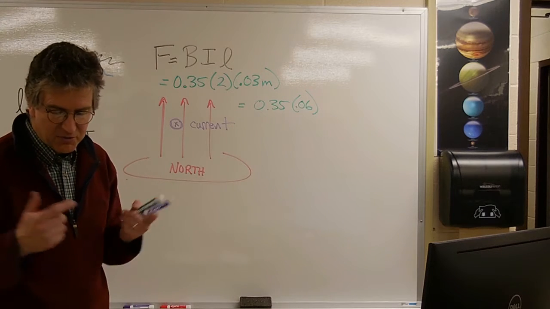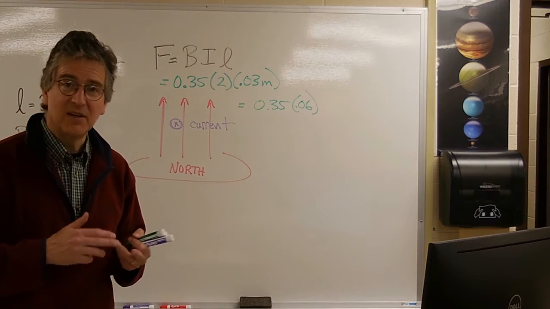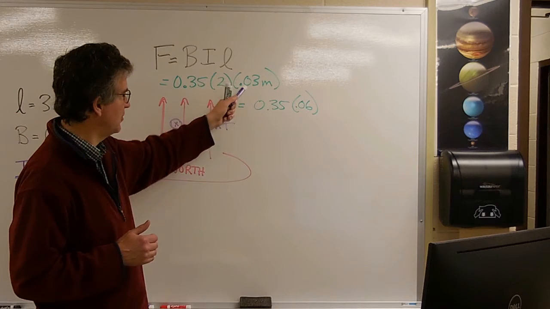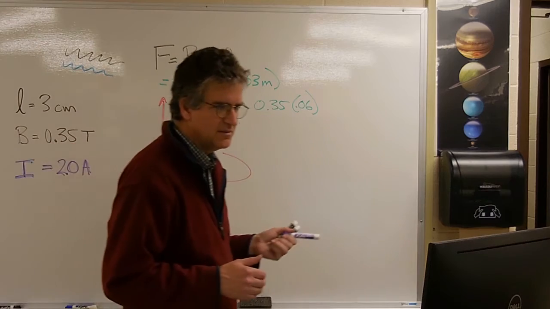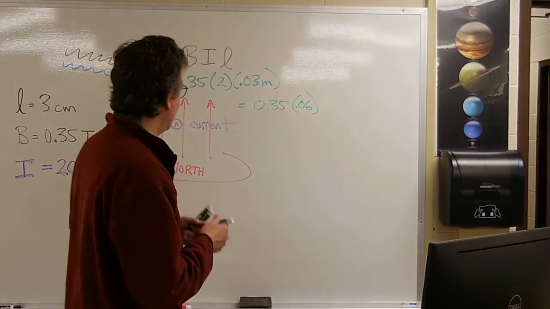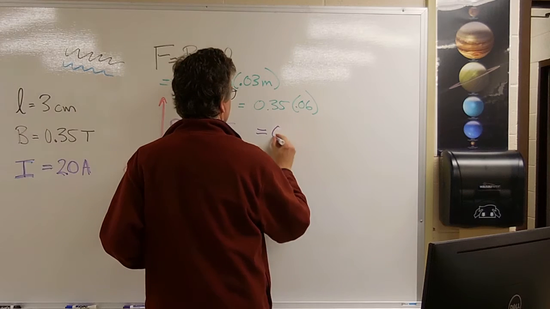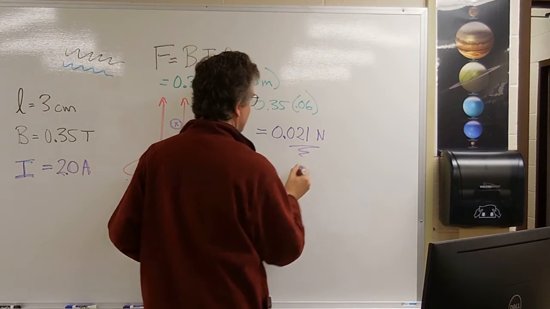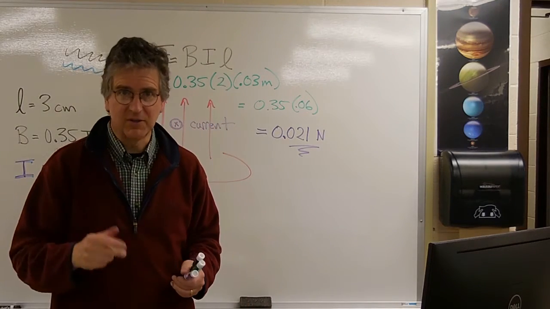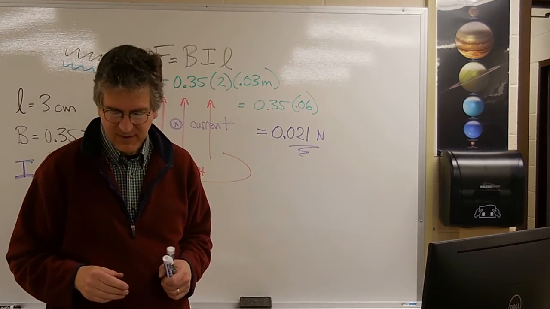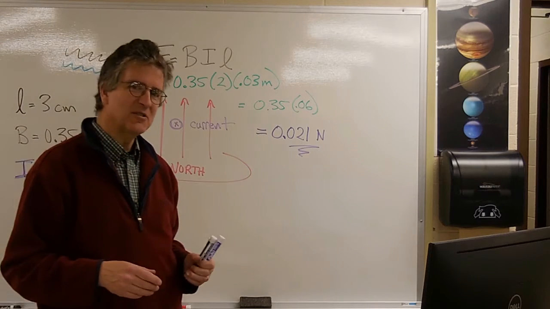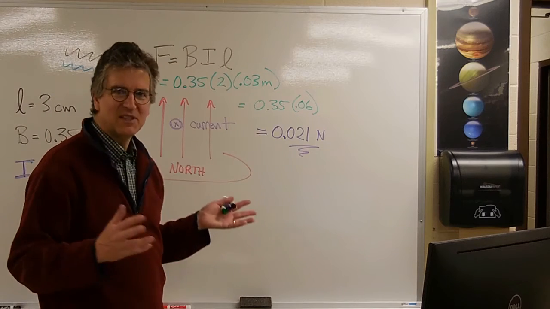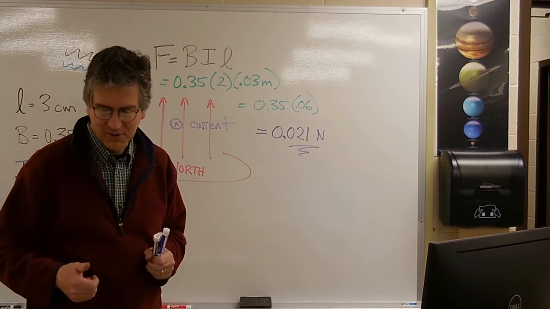It seems to me there's 3 centimeters, 2 amps, and 0.35 teslas, and I've got all those. My answer is 0.021 newtons. The book has 0.21 newtons, so I'm not sure. Usually I have students check my numbers, but if I'm making a calculation error, I'm not seeing it.